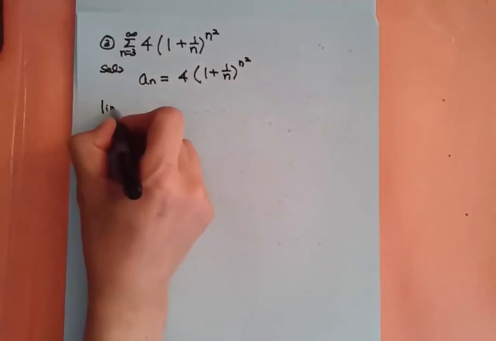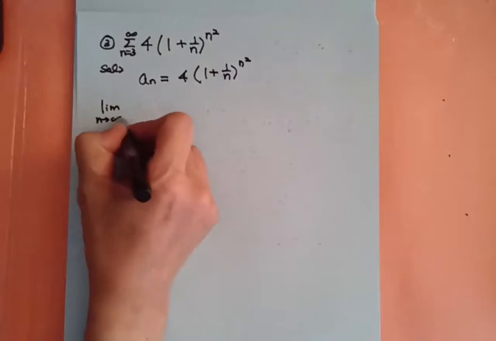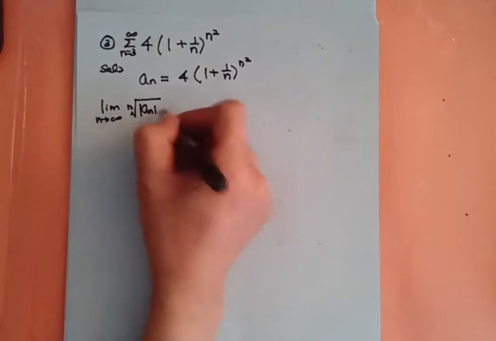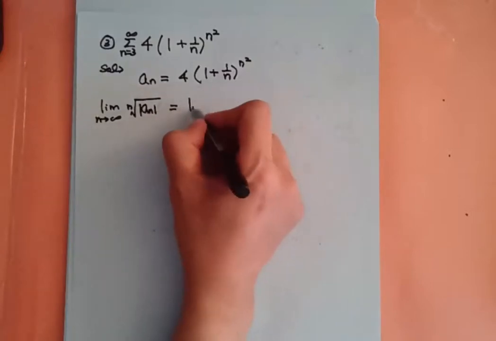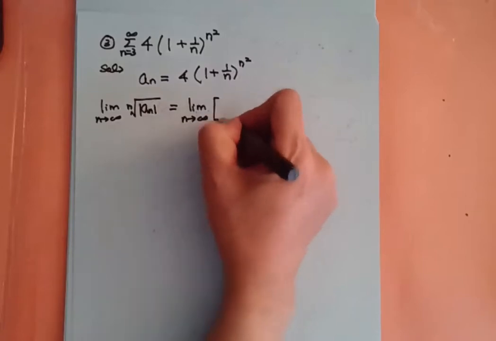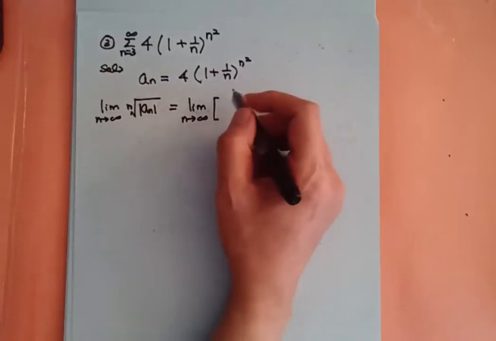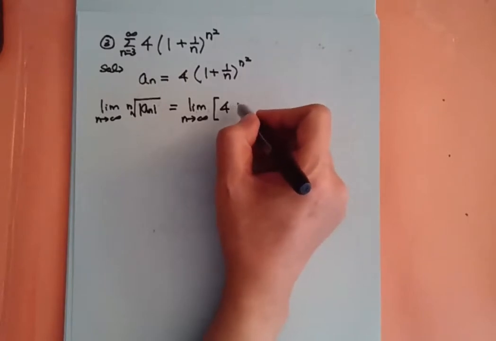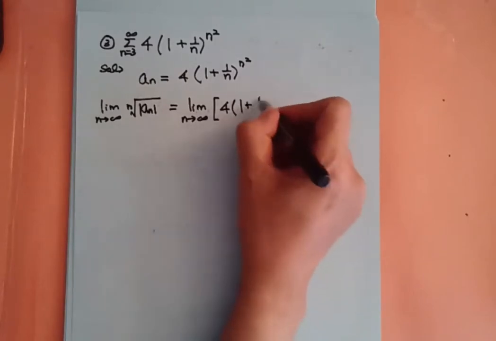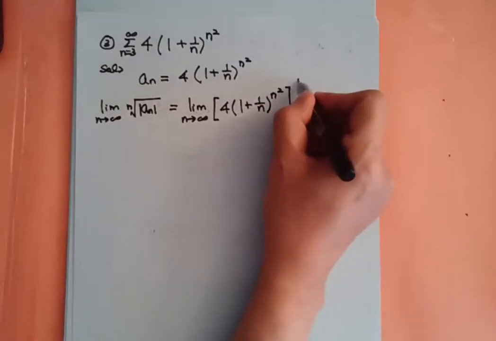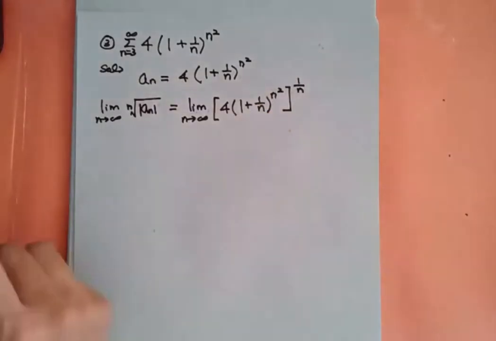So we consider the limit as n goes to infinity of the nth root of the absolute value of an. Then that equals the limit as n goes to infinity of an, so that is 4 times (1 plus 1 over n) to the n squared, to the 1 over n power.